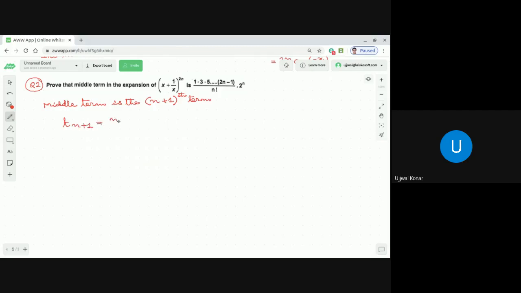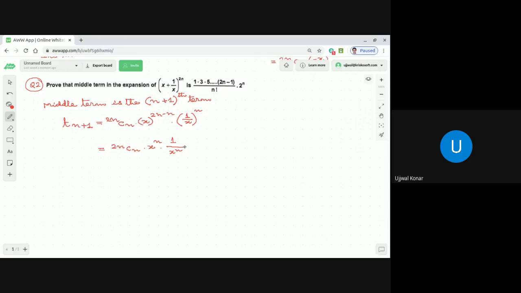If we apply our formula, 2n C n into x power 2n minus n into 1 by x power n. Correct, not, dear students? So then what you are going to get, 2n C n into x power n into 1 by x power n.